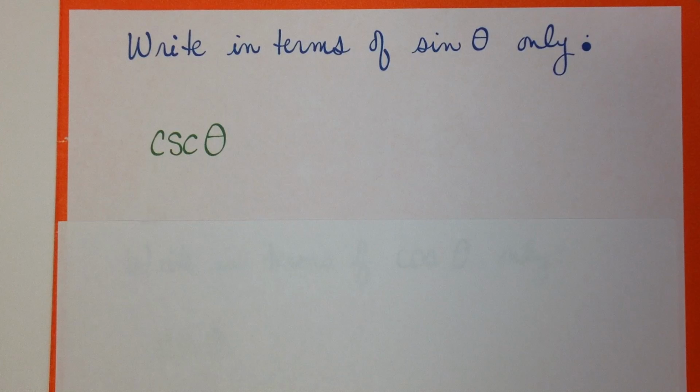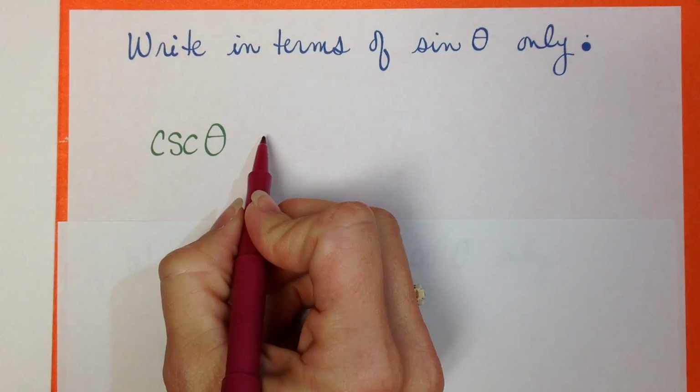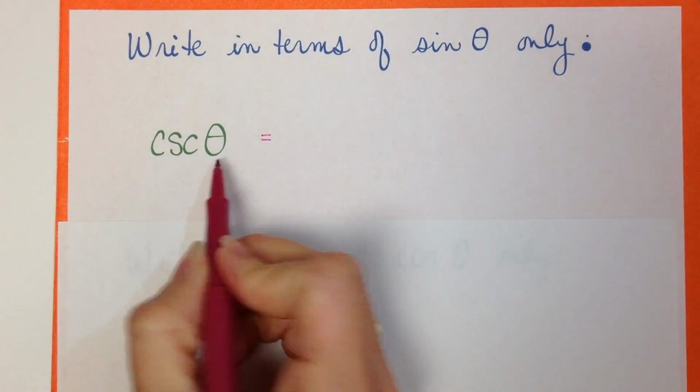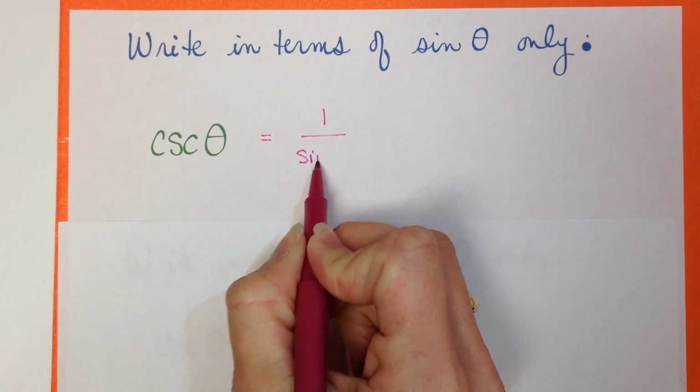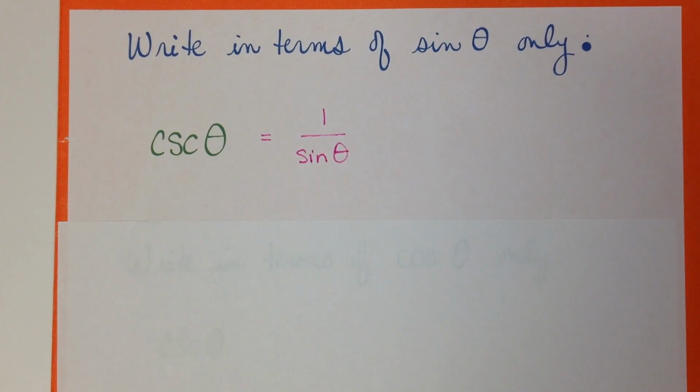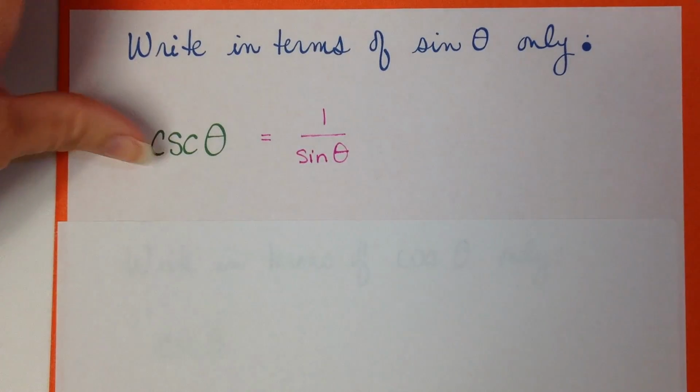And this one's just a very simple one-step problem. It's using your reciprocal identity, and that would be that cosecant theta is equal to 1 divided by sine theta. So that would be your answer, because you're just simply rewriting it, but it has to be in terms of sine. Okay, so that's, again, just your reciprocal identity.